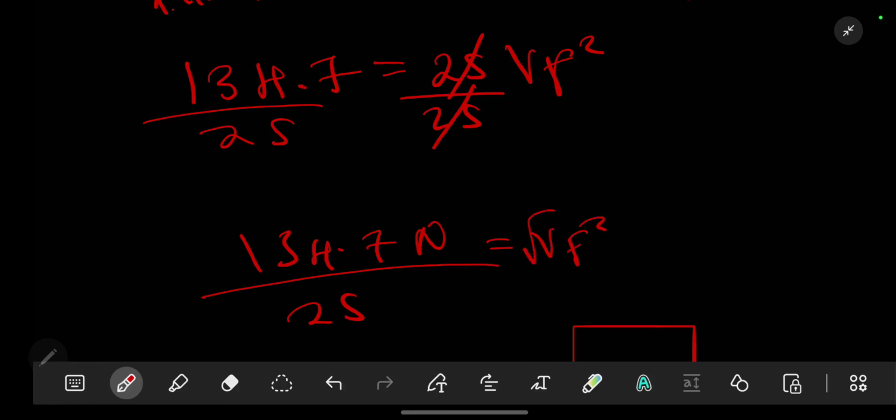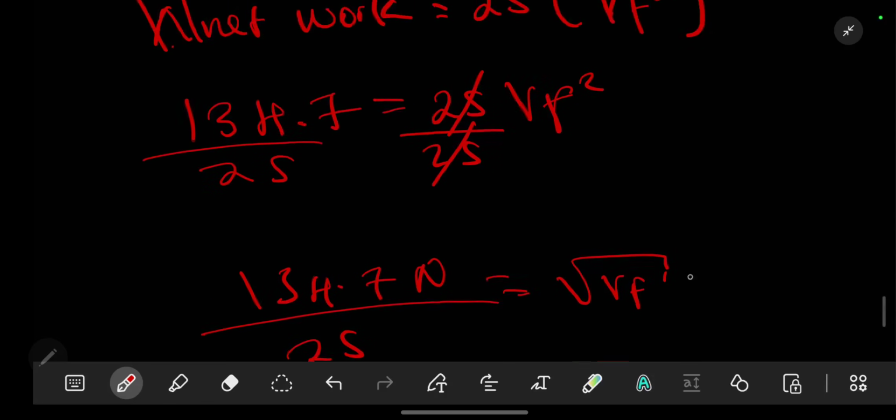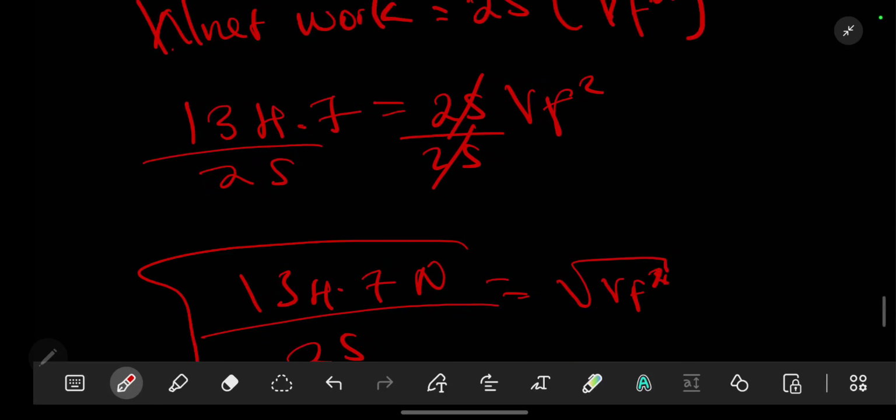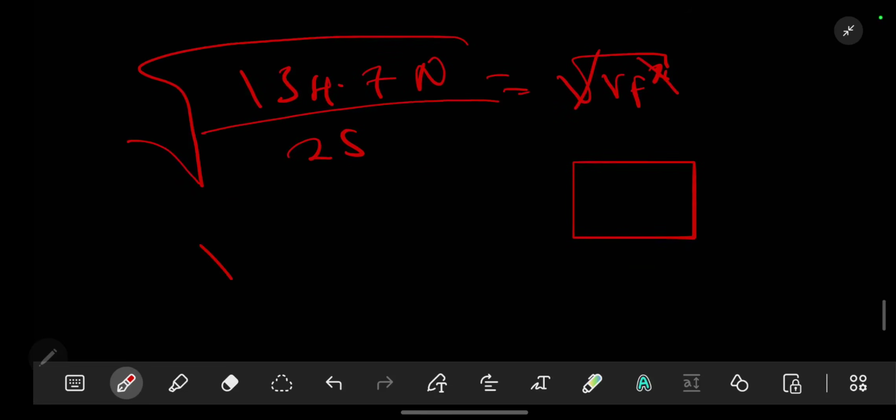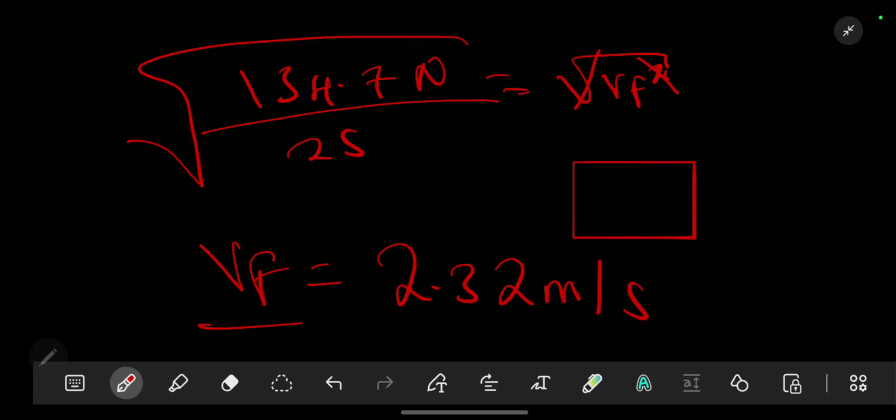We find the square root on both sides, so v final should be equal to the square root of 134.7 divided by 25. We are going to have a value of 2.32 meters per second.